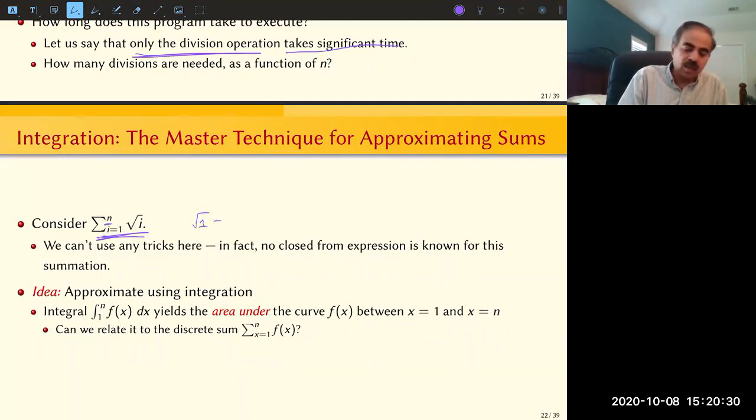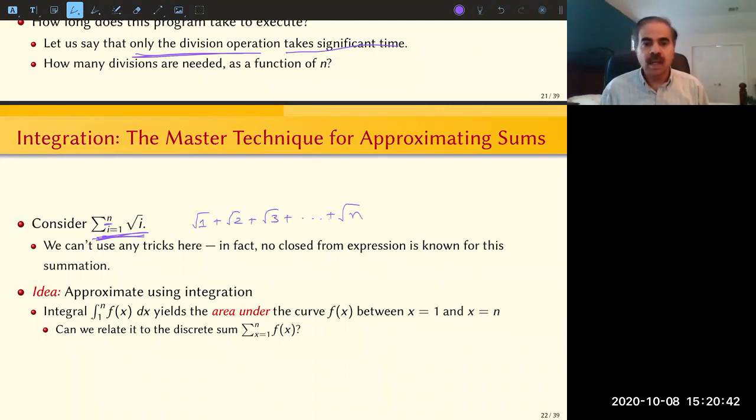So this is square root 1 plus square root 2 plus square root 3 up to square root n, right? So that is what we denote using this sigma notation. Okay. So now you want to know what does this add up to? But unlike the examples we have seen so far, there are no tricks you can use to find the exact answer to this question. Okay.